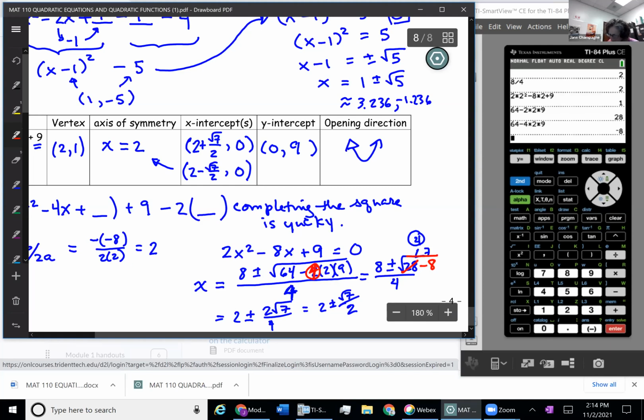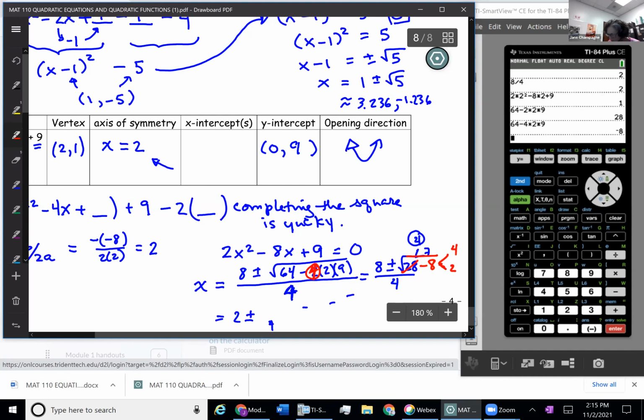So that is, let me clear this, because actually we don't have any x-intercepts when this happens. When you get a negative discriminant, a negative under that radical, let's see, that is -8, which is 4 times 2.